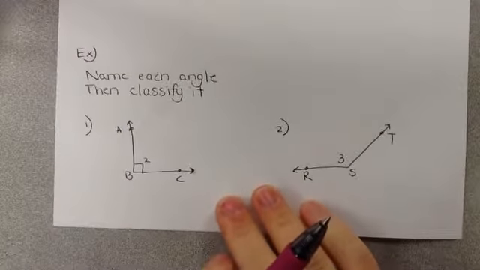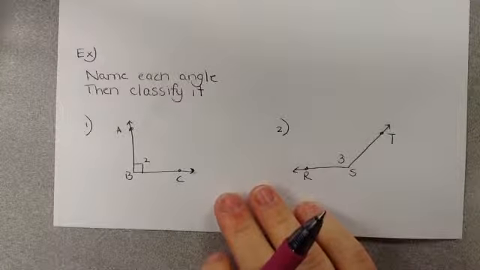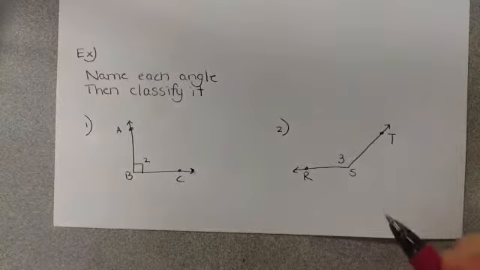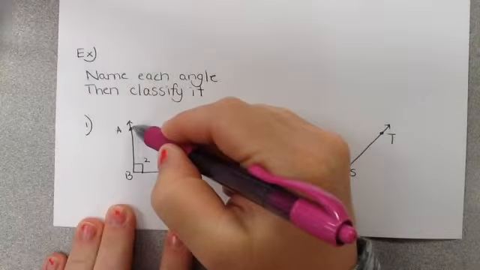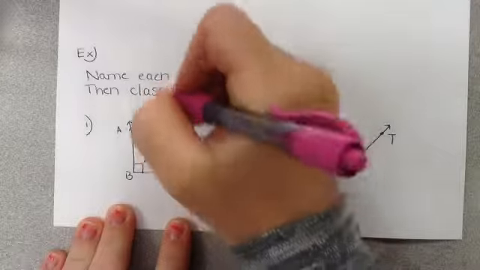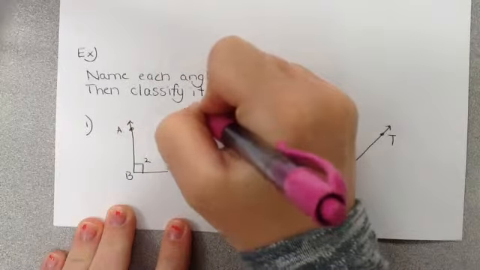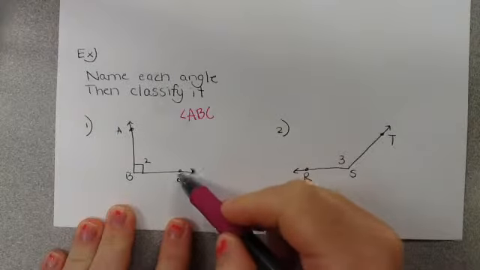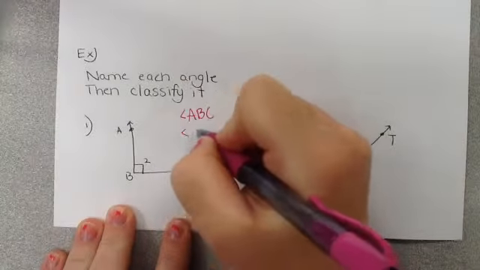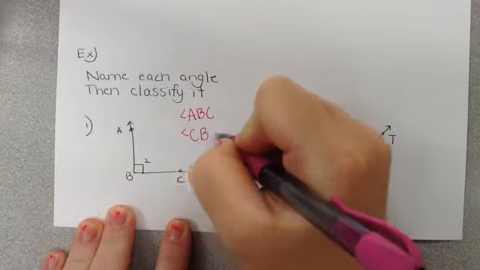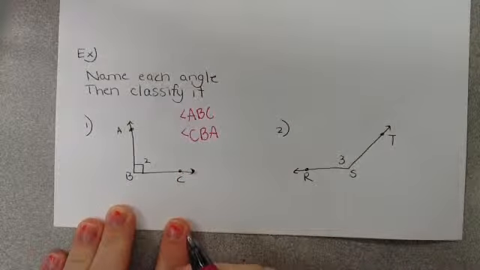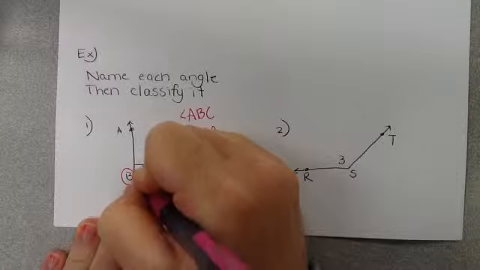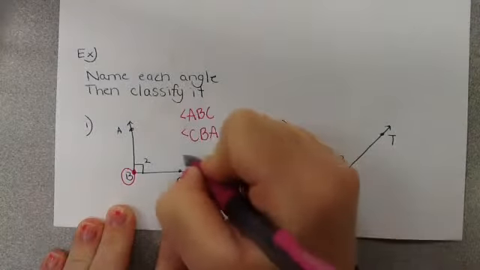Let's look at some examples. Name each angle, then classify it. When we name an angle, there are a couple ways we can do so. We can call this angle A, B, C, using the letters. We can also go backwards with our letters, so we would have angle C, B, A. Right at the center of that angle is called the vertex.